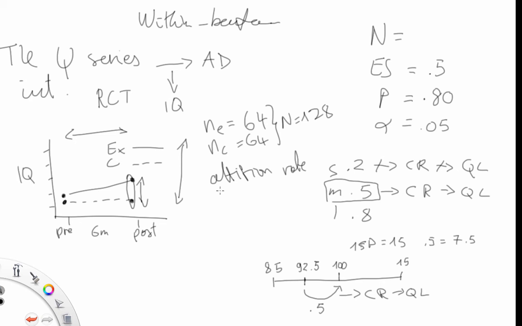Estimating how many participants will drop out by the time the study finishes is tricky, and it differs from research question to research question. But it is important, because if you are sufficiently powered with 128 participants to detect a between-group difference at post, and you lose participants, you will be underpowered.